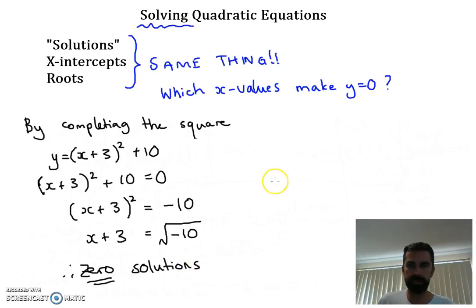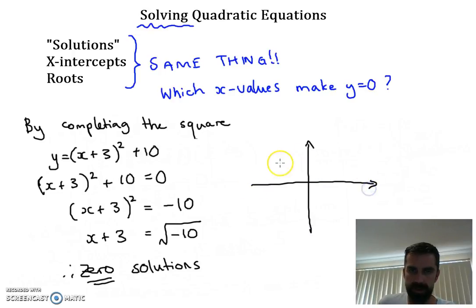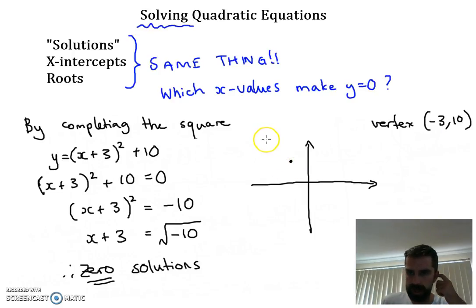And so that means that if we sketch the graph, and in fact we can do that pretty easily because we know that the vertex is, in this case, going to be negative 3, 10, which is somewhere around here. If we sketch that graph, this is a positive graph because there's a positive sign out the front.